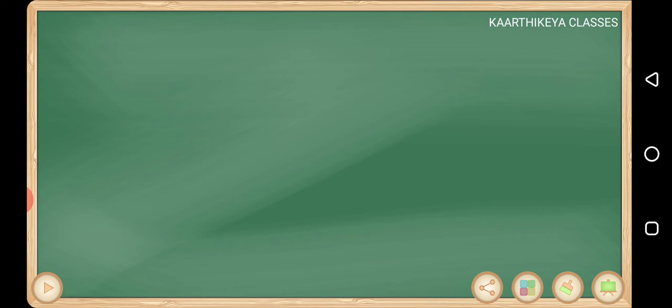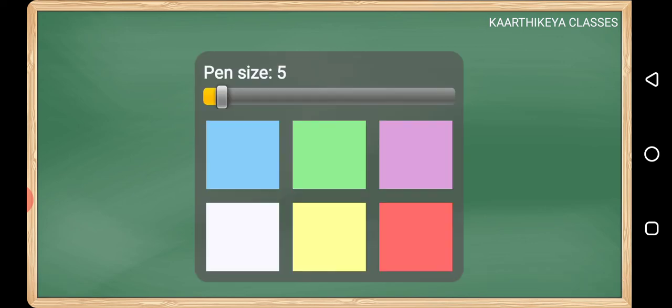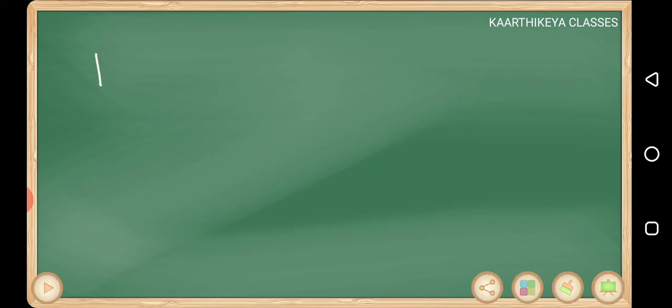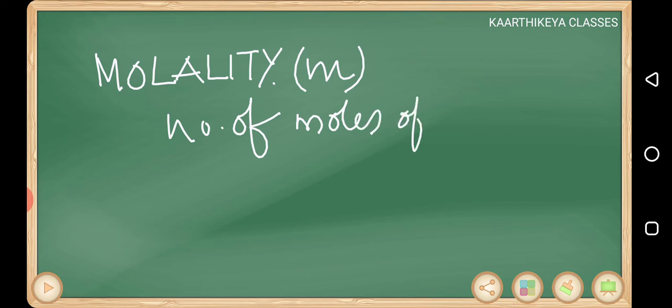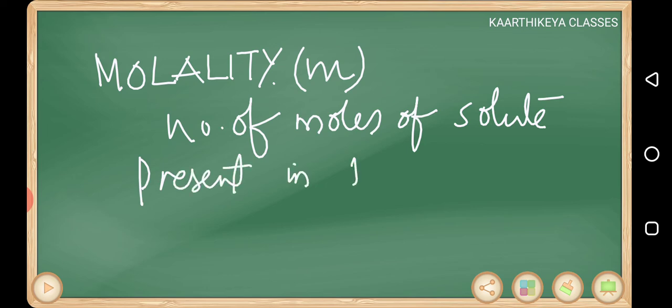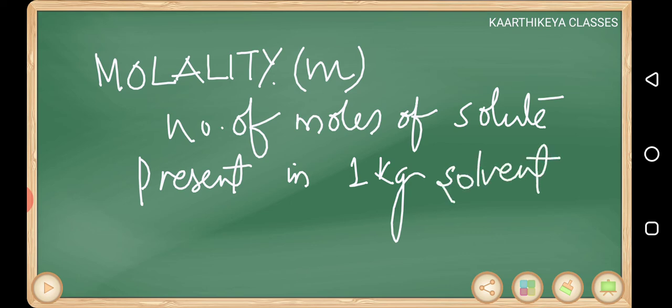Then after normality, we have one other important one, that is molality. Molality is given by small m: number of moles of solute present in 1 kg solvent. Up to here it looks like molarity. The differences: here 1 kg, there it is 1 liter in molarity.